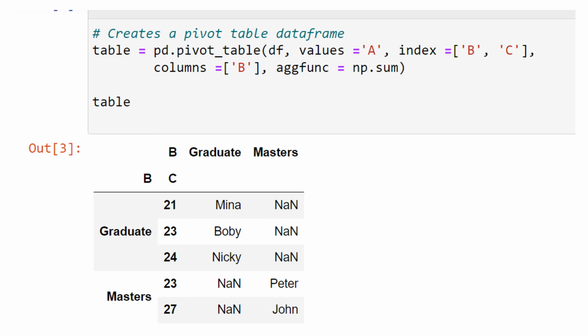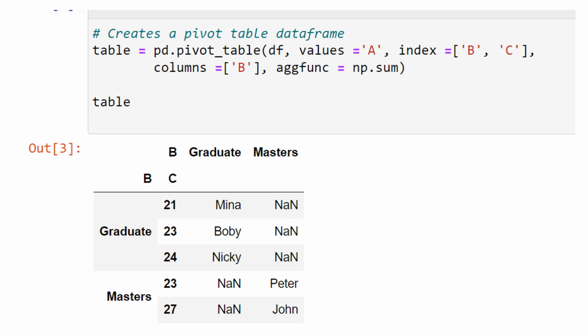Then you have to define the data frame, and whatever value you want in the matrix, that value you have to write in the values field. So in this case, values is equal to A, the index field is B and C, that is qualification and age, and columns are B. Here the aggregate function is sum, that is numpy sum.